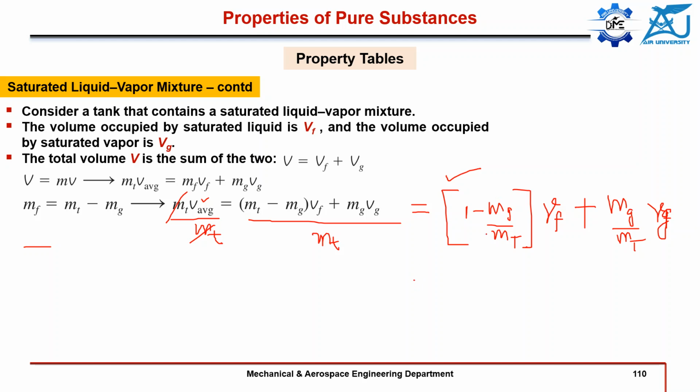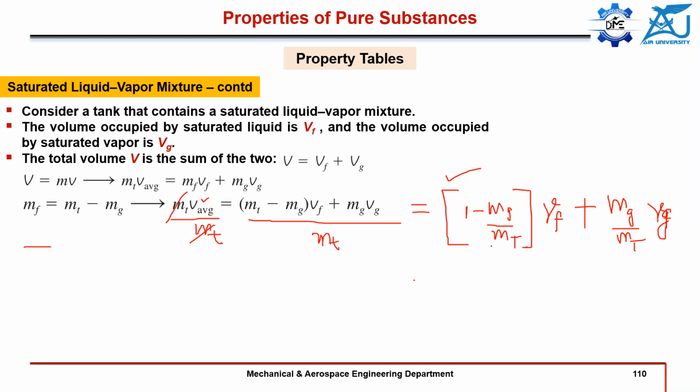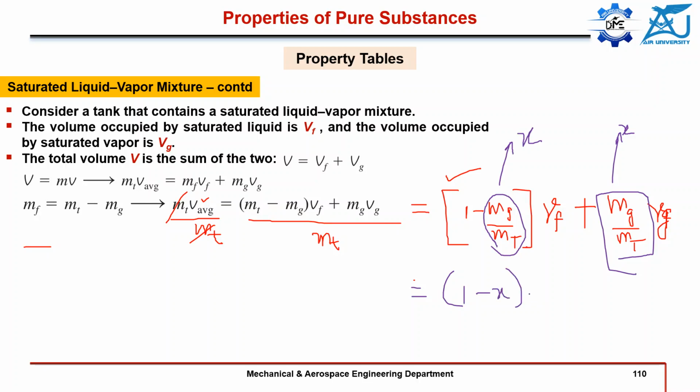What is this term? This term is, what is this term? mg over mt. What can we write it as? x, this is the quality. Similarly this mg over mt is also representing the quality. So now I can write this equation as 1 minus x times vf plus x vg.